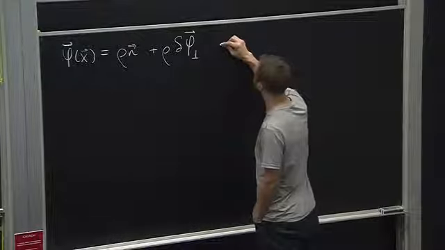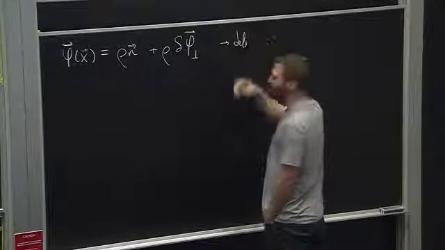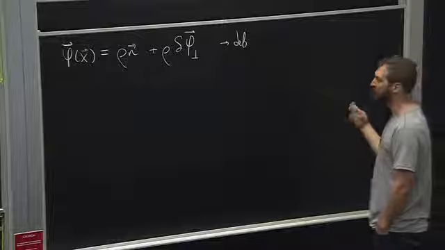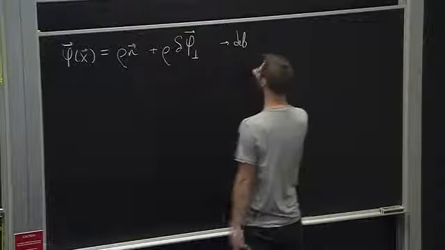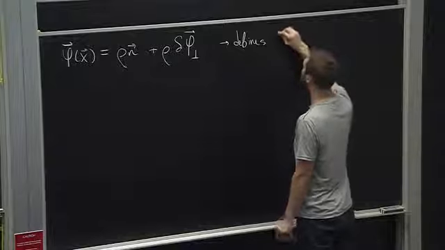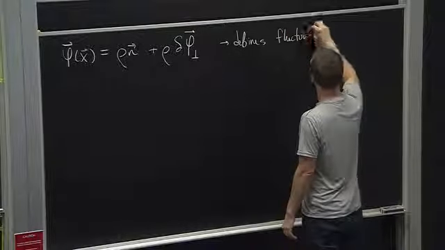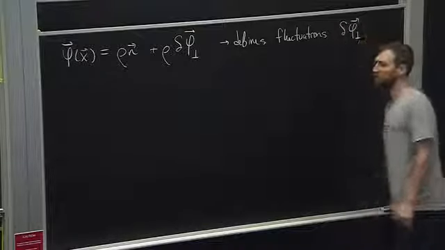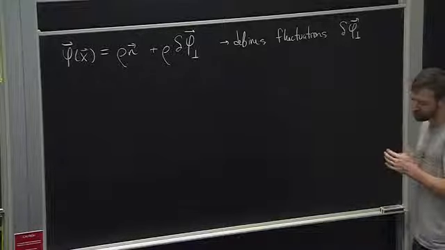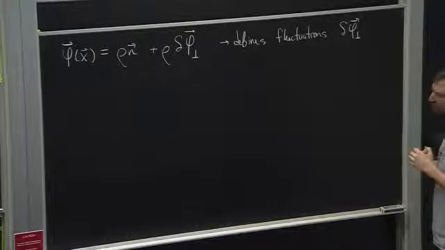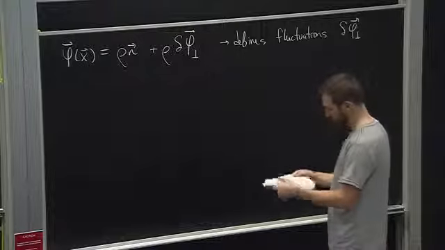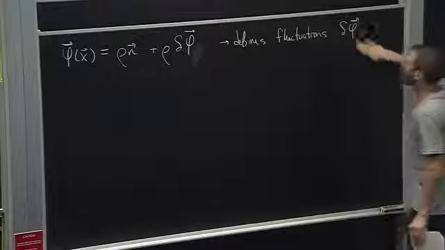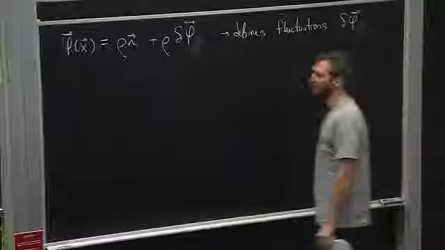And this will be what I use to define fluctuations. It's the same as the mean field plus fluctuations for the scalar theory. I've just broken it into these two pieces. Defines fluctuations, delta. And I should break those fluctuations into transverse and parallel. So I'll just write it like that, and then I'll break it up.